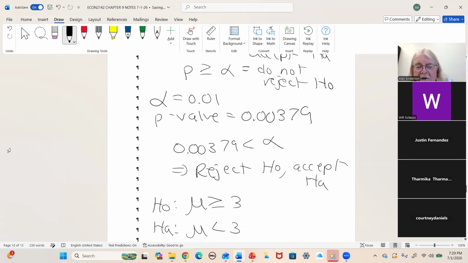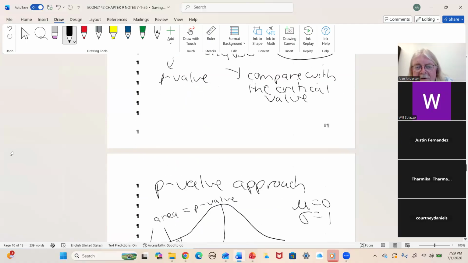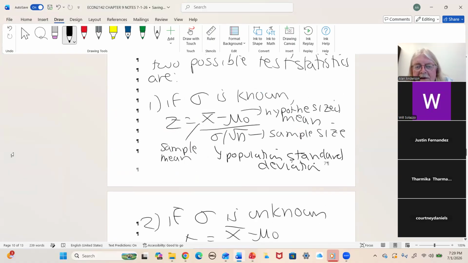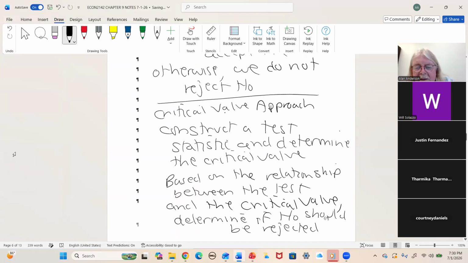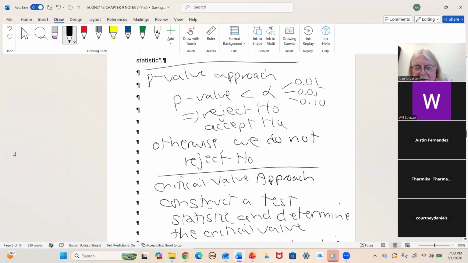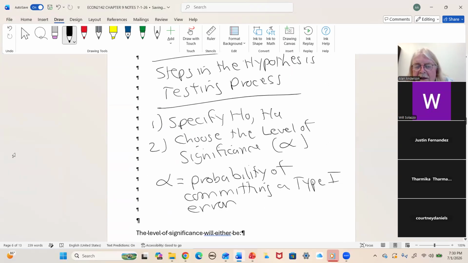which is bad news for the coffee company because remember, this is their coffee can. They were told by the FTC that if their cans do not contain at least 3 pounds, the company is going to be in a lot of trouble.